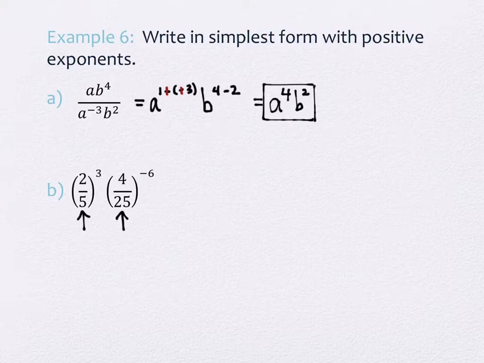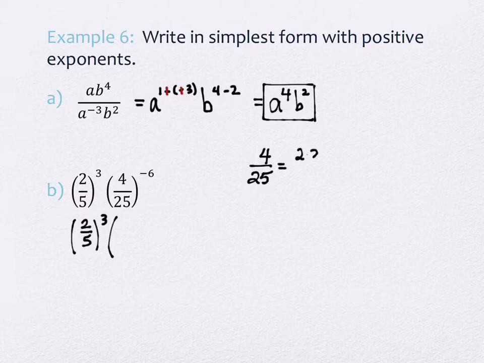So 2/5, that's kind of as simple as it gets. But 4 and 25 are both numbers that factor, right? So let's try and simplify what we have to see what we can do next. So the 2/5 to the 3rd is all good. But 4 over 25, let me just make an aside over here. If I factored it, I'd get 2 times 2 and 5 times 5, right?